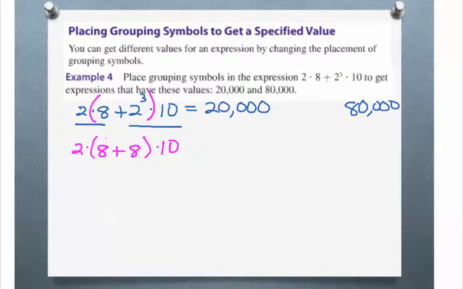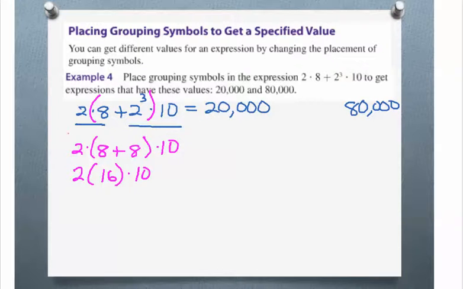Let's give that a try. So we've got 2 times 16 times 10. 2 times 16 is 32, times 10 is 320. So that doesn't work. That's one example where we place the parentheses in the wrong place.